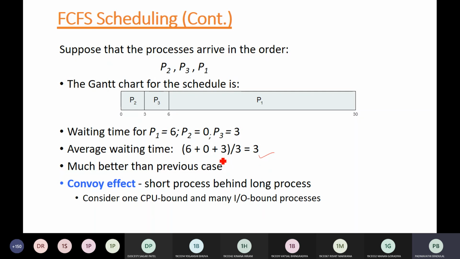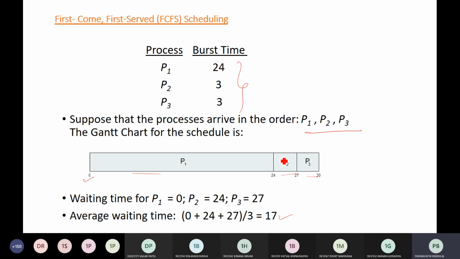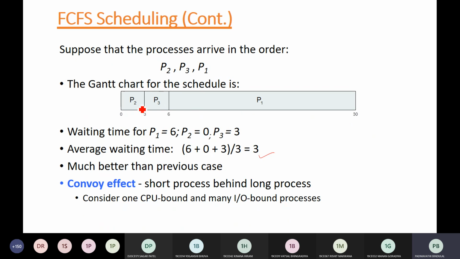In the previous case the average waiting time was 17, and in this case after changing the order it's 3. This effect is called the convoy effect. That means your short processes were waiting behind the longer processes, resulting in high waiting time.